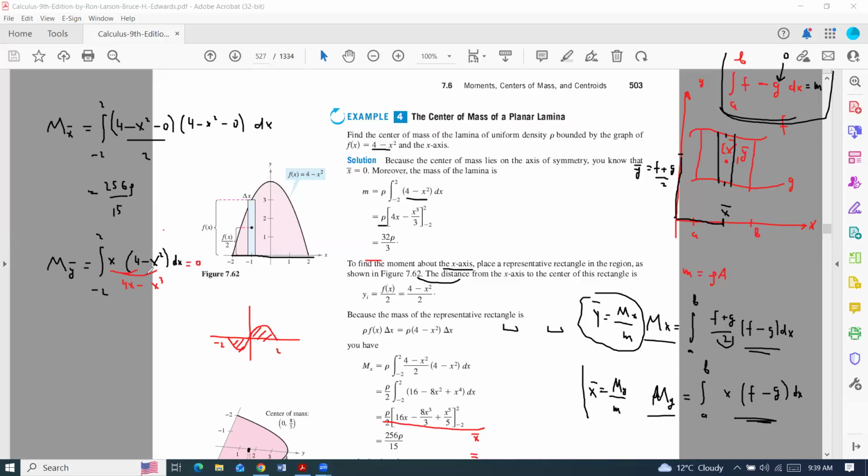Or if you want, you can continue with integrating, and eventually we'll see, because at positive 2, it'd be x squared over 2 and x to the 4th over 4. They're both even powers, so you'll have to subtract the lower from the upper.